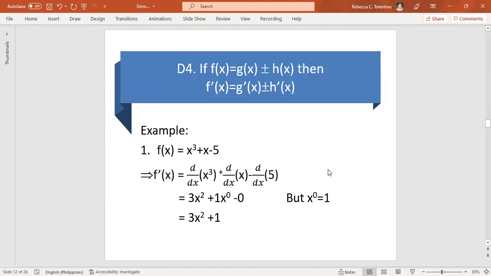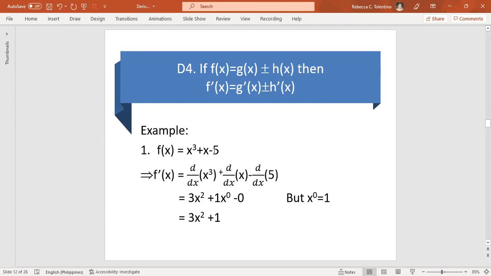D4, so we're into the fourth rule. This is about the derivative of a sum or difference. If your f of x is expressed either as a sum or as a difference of functions like g of x and h of x, then the derivative is also the sum or difference of the derivatives of these functions. So if you have f of x equal to x cubed plus x minus 5, your function is composed of 3 components: x cubed, x, and minus 5.